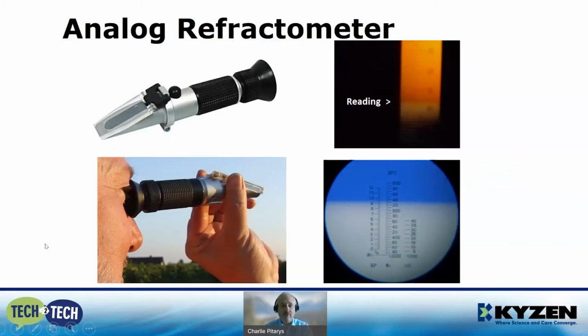You can measure the refractive index by an analog refractometer, which basically looks like a rifle scope. You place a drop or two on the prism, you close the cover, and look up at a light source. And as mentioned, the light rays will bend, and there's a chart or a graph, and you will read your degrees Brix.